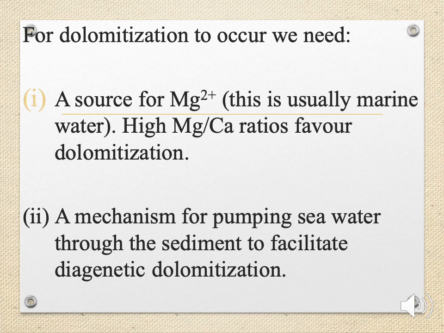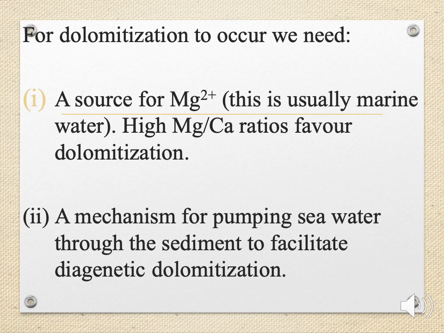Dolomatization is the term we use to say that limestone went through a specific kind of diagenesis to produce dolomite. For dolomatization to occur, we need a source of magnesium, and the source is normally marine water, because high magnesium to calcium ratios favor dolomatization.